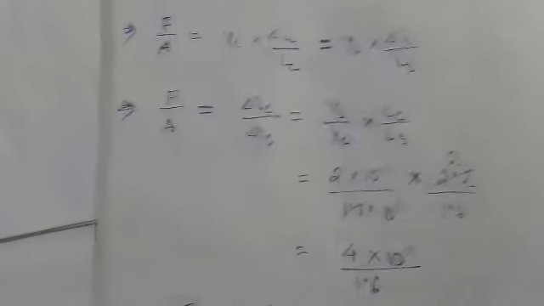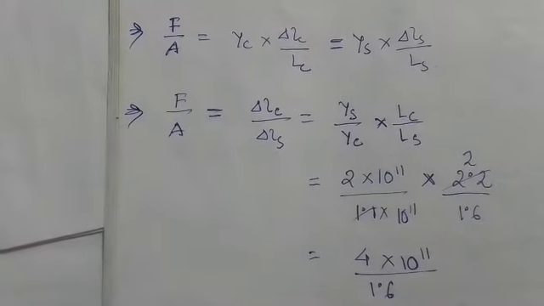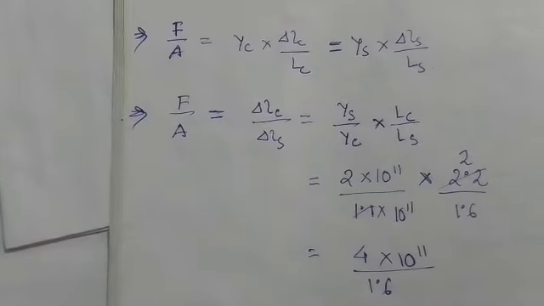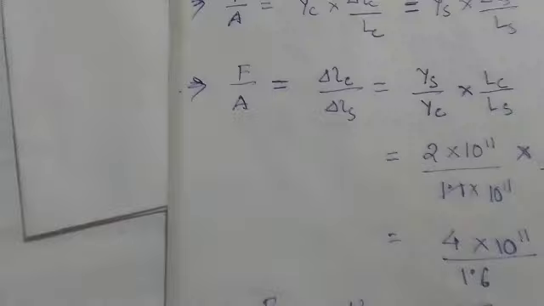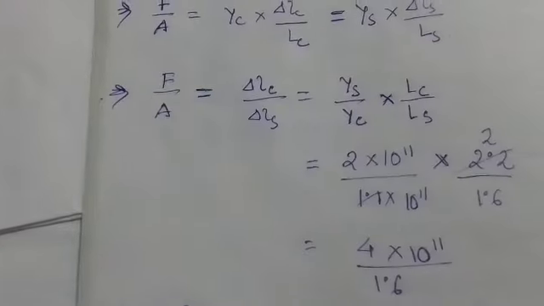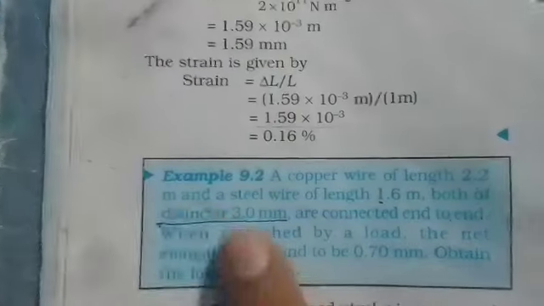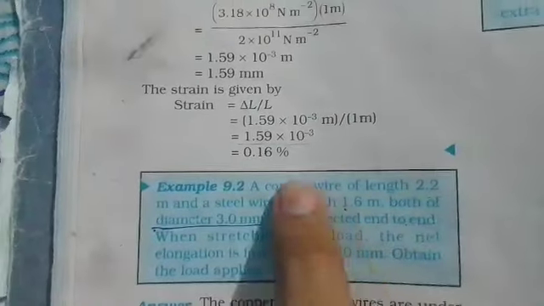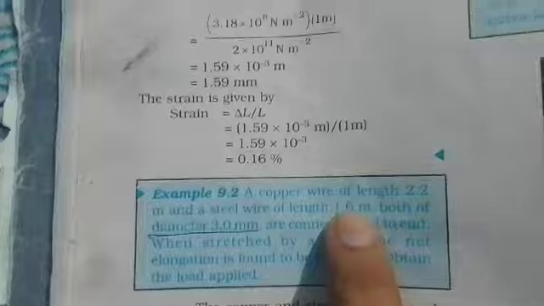Okay, it is already mentioned. So you can write this multiplied with LC divided by LS. This is the length of the copper wire and the length of the steel wire, which are already given.